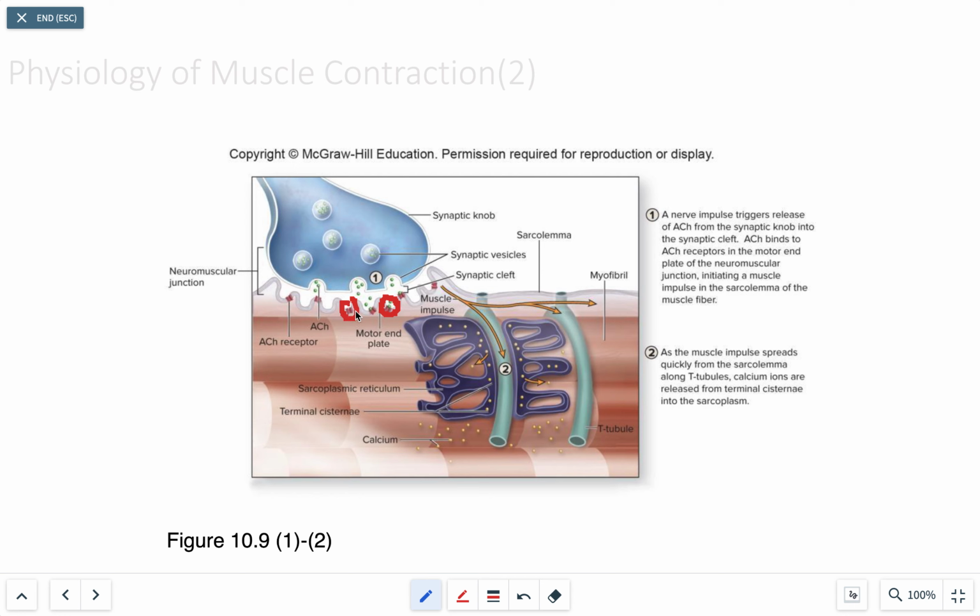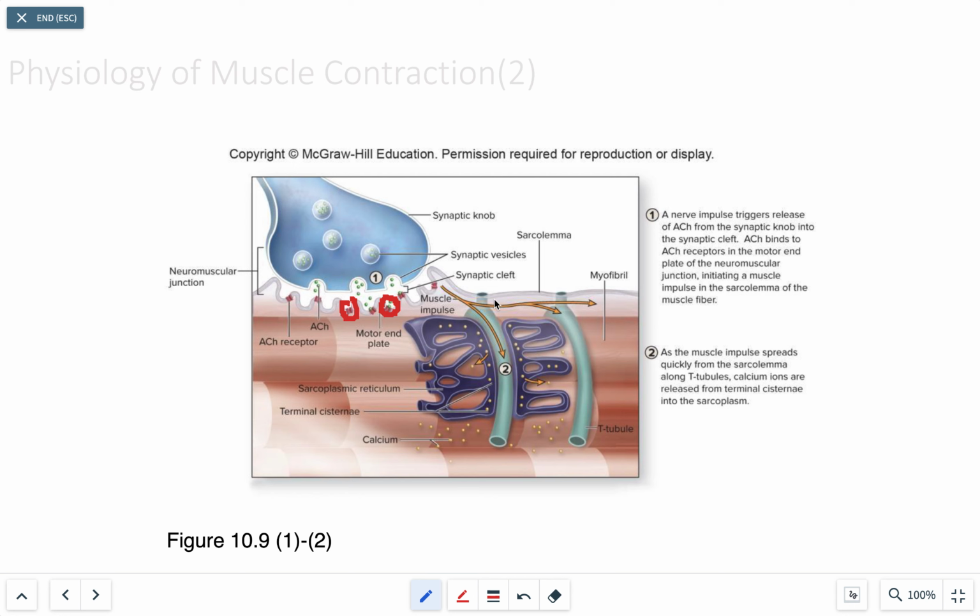Once acetylcholine binds to the motor end plate or the acetylcholine receptor sites, this will increase the membrane permeability throughout the sarcolemma. Once the permeability of the sarcolemma has reached, the action potential will travel across the full length of the sarcolemma, and sodium influx will generate this action potential.